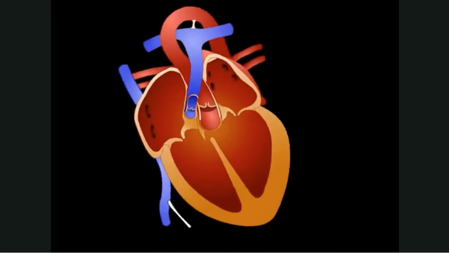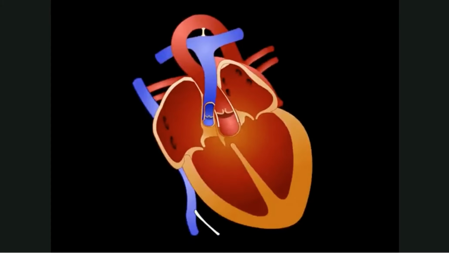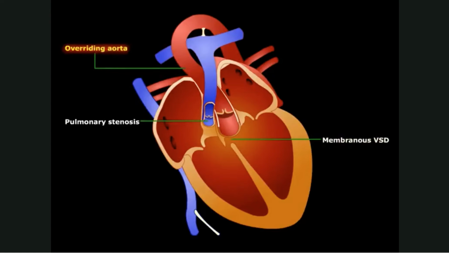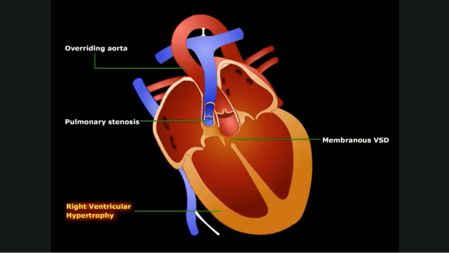Displacement of the septum produces 4 cardiovascular alterations: pulmonary stenosis, membranous VSD, an overriding aorta, and hypertrophy of the right ventricular wall secondary to elevated pressure on the right side.